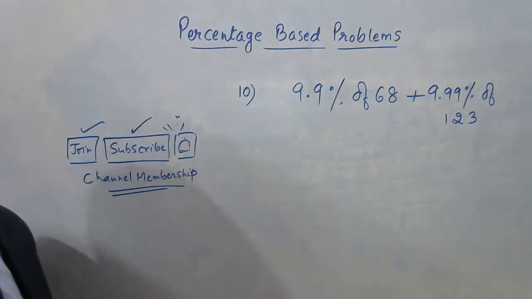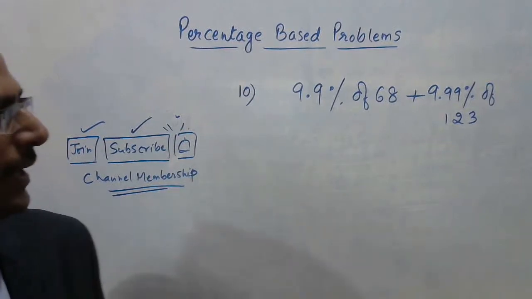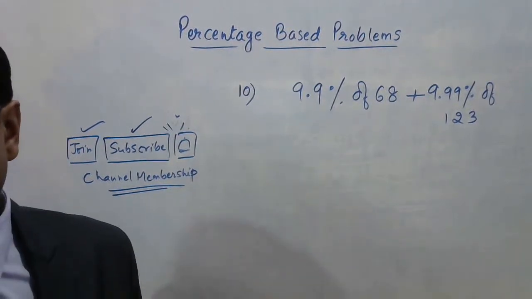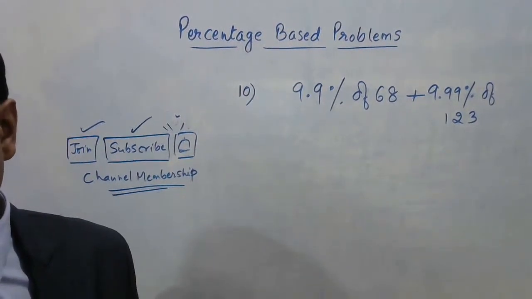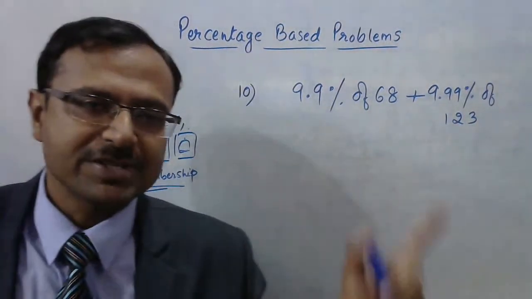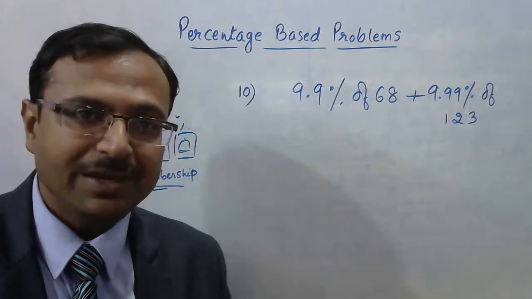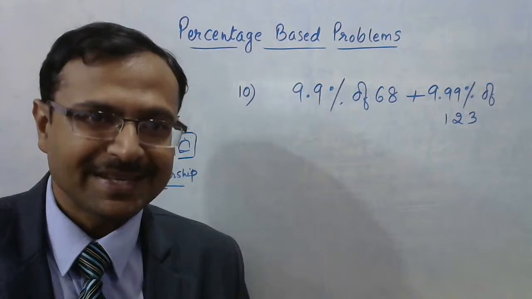So 9.9% of 68 plus 9.99% of 123. Again, based on a short trick, if you are able to multiply numbers by 9 easily, then this is not going to consume much time. Otherwise, 9.9% of any number is quite difficult to find. So stay tuned for this short trick.